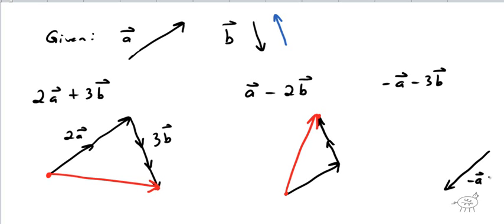And then minus 3B, well, remember I'm going this way for negative 3B. So negative 1B, negative 2B, negative 3B. Okay, and so again, this is my starting point right here. This is my ending point right here. And there we go. That's my vector. Okay, pretty easy stuff, right? Not bad, not bad. Okay.